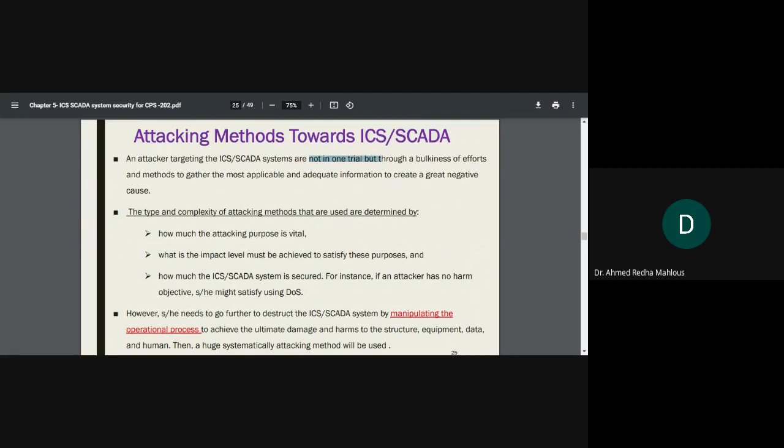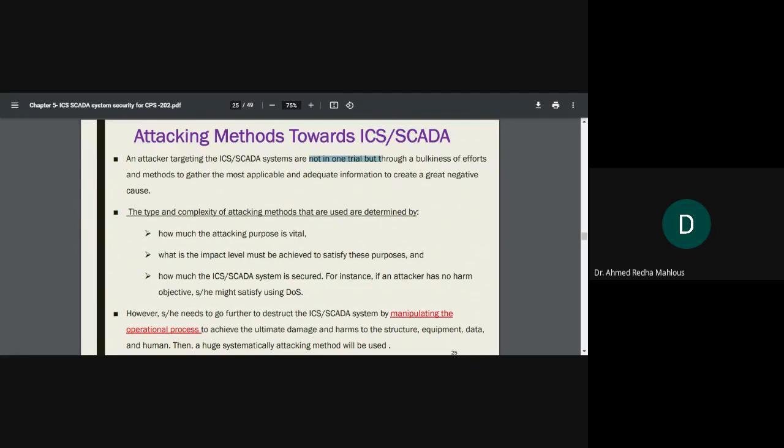That means someone who is trying to get through an ICS SCADA system will not do it only once, because if that ICS SCADA system is secure, people will try at the beginning to access the ICS SCADA. If they fail, they will keep trying. They will keep trying until they achieve their goal.